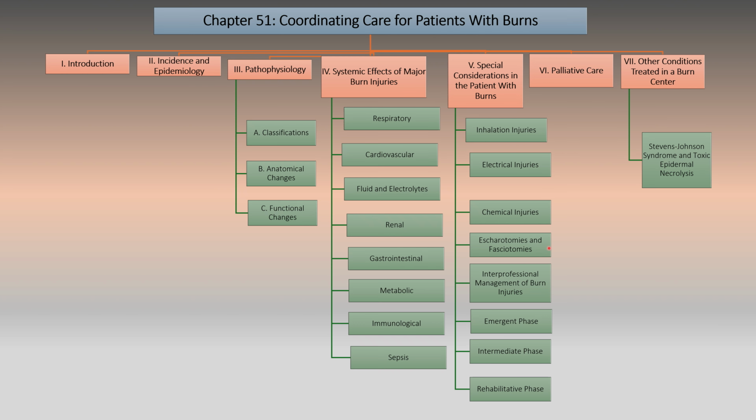Tourniquet effect: in full thickness circumferential burns, the eschar acts as a tourniquet, which can compromise circulation to the extremity. Assessment: hourly neurovascular checks like pulse, color, and sensation are mandatory.